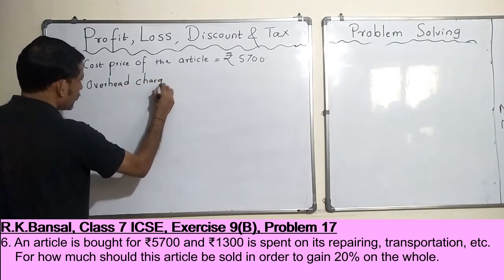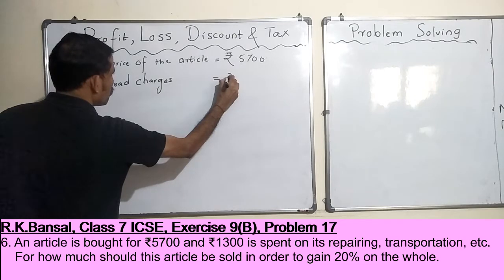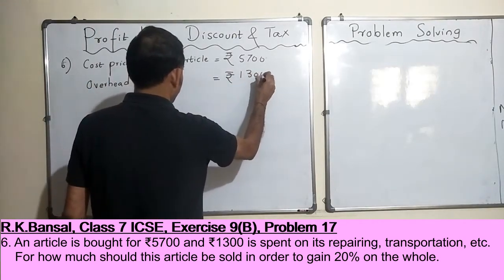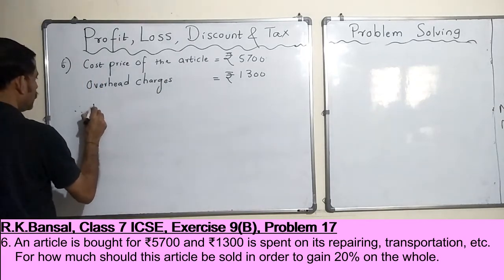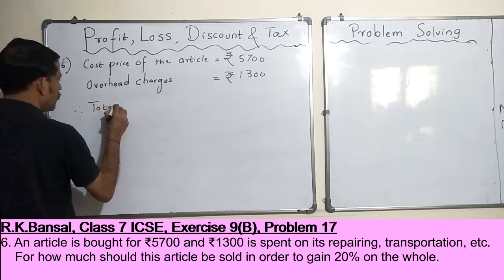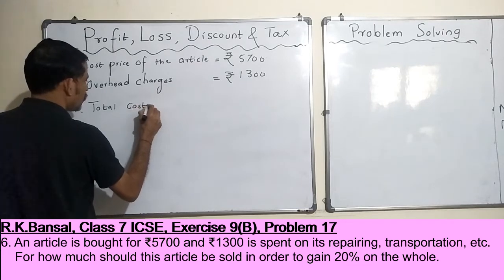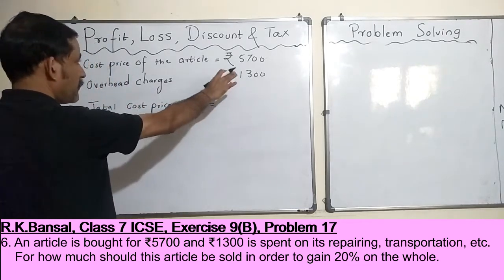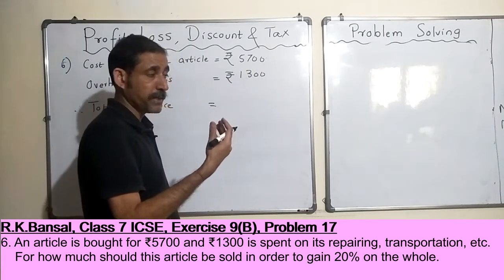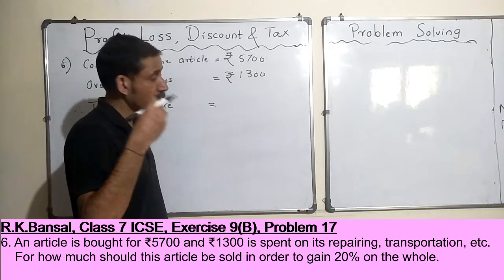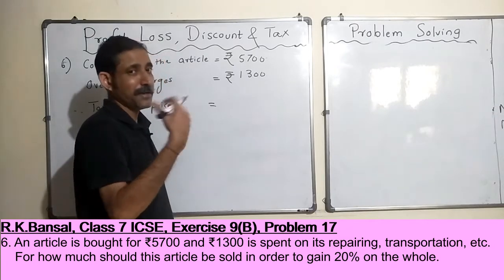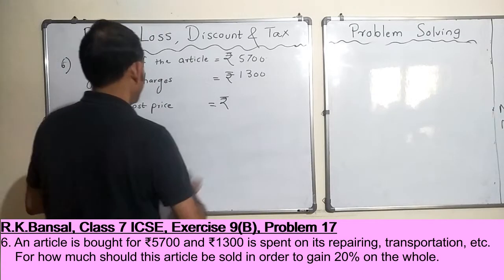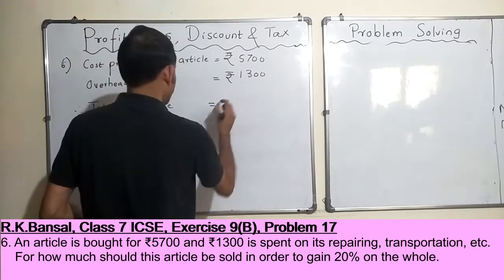Transportation, repairing, is equal to rupees 1,300. Therefore, total cost price. So the total cost price which you would incur: you bought it for 5,700 but then you spent 1,300 to repair it so that you make it look new and shiny and you can sell it at a higher price. So it's nothing but cost price plus overhead charges.